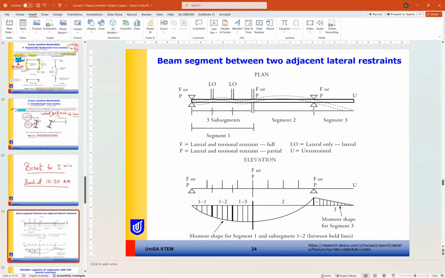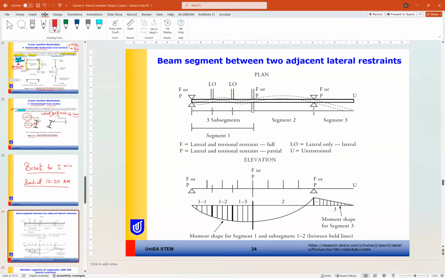So this is an example of lateral restraints for a beam. Beam segment between two adjacent lateral restraints. So if this is our beam in elevation and this is our beam in plan. For example here, this point has no lateral support, so we can consider it as U or unrestrained.